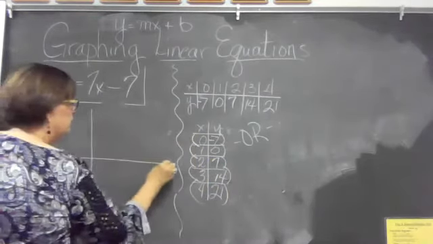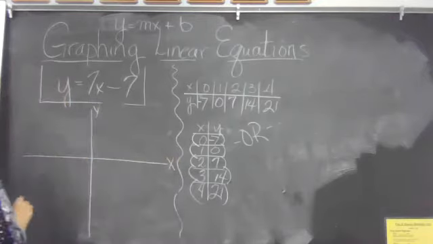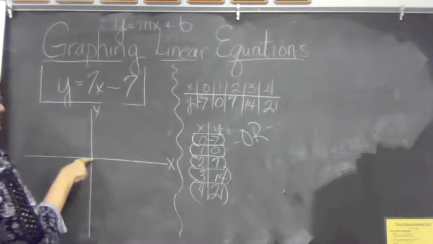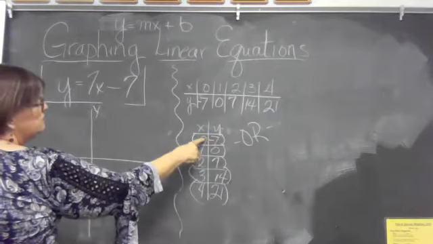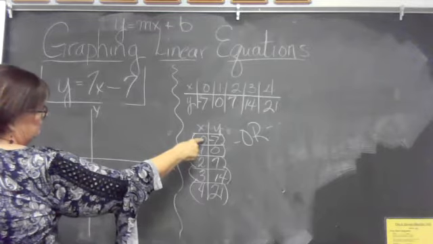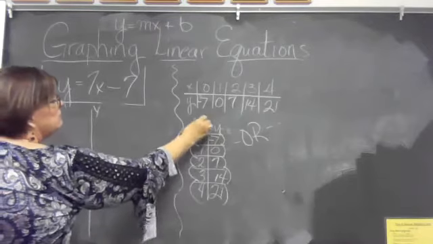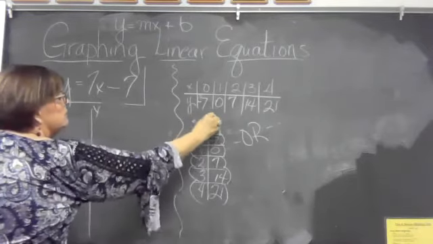So I'm just going to freehand this. This is the x-axis. This is the y-axis. When we're plotting points, we always start at the center and we go this many steps on the x-axis, and then we move up and down. So the first time, I'll show you.